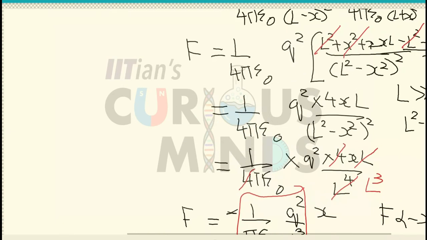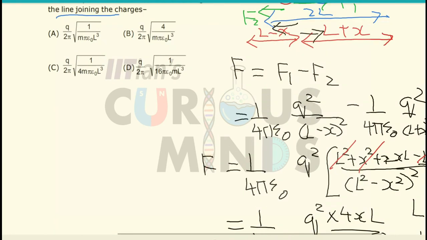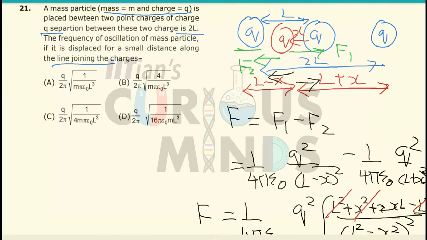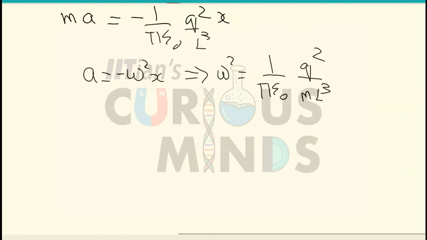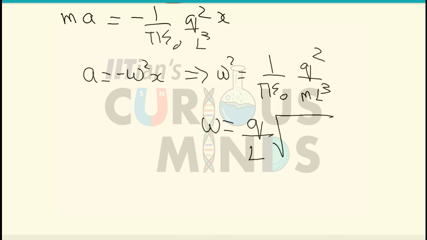Now what have they asked in this particular question? They have asked the frequency of the oscillation of the mass particle. Now we have got the omega, so omega will be equal to the root of this part, which will be q, and L can be outside the bracket. It will be equal to q by L into root of 1 divided by pi epsilon naught m L. So we have to find the frequency.